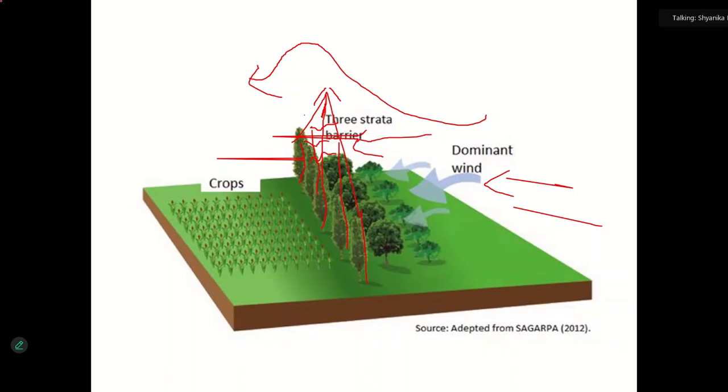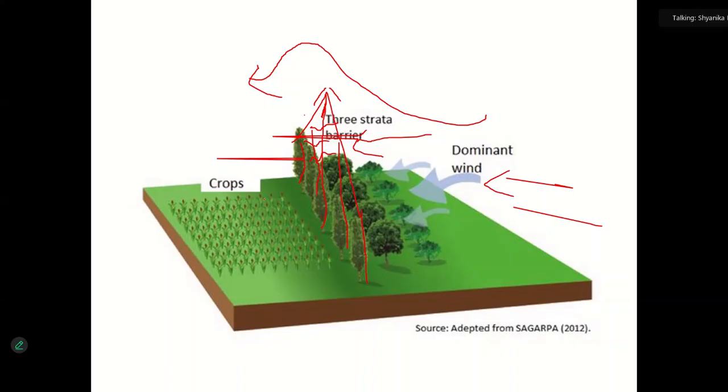So very importantly, the crops feel very good conditions because they don't feel the very high wind velocity, so evapotranspiration gets lower. It helps increase the water use efficiency in the crops, and it also improves the microclimatic conditions by increasing RH, relative humidity, and temperature getting down in this area.